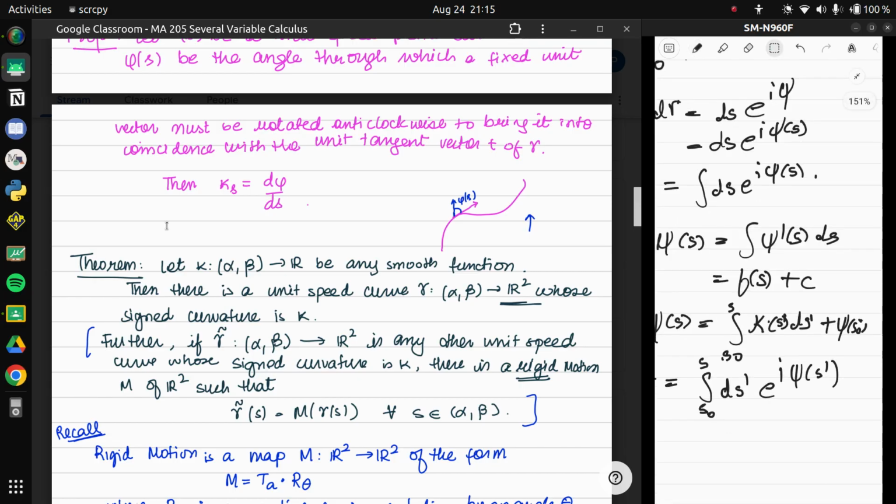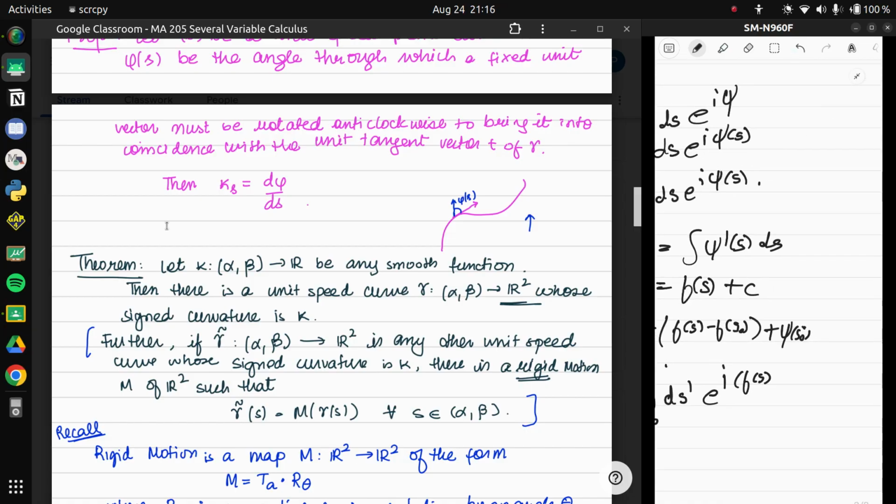So this thing will just be f of s minus f of s naught. Cool. So you can rewrite this as f of s in front, and then e power I psi of s naught minus f of s naught, just some constant, we don't really care about that.